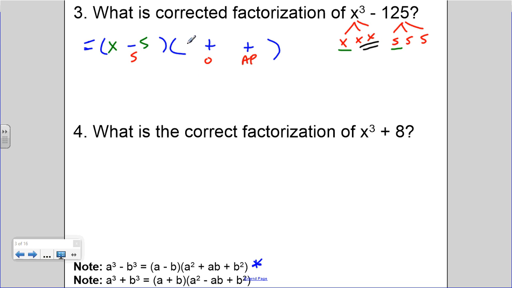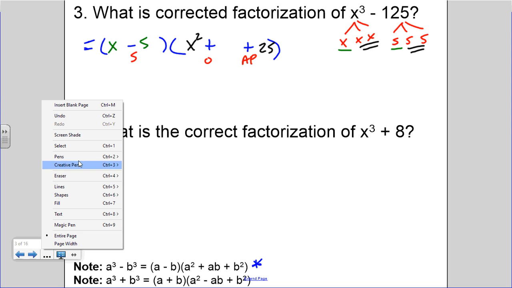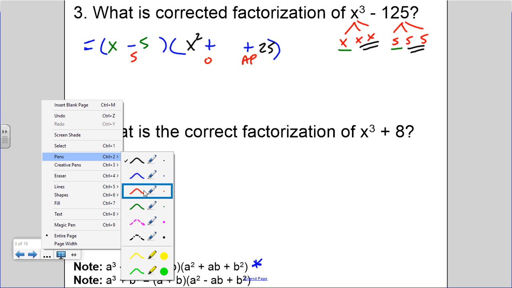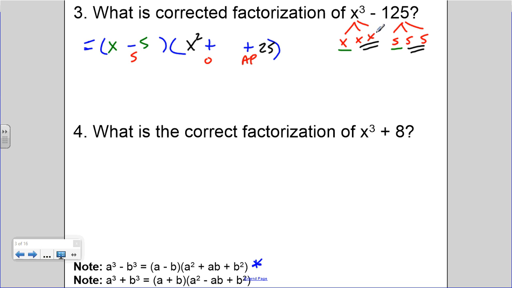So x times x is x squared. The second two branches of the second term, multiply them. That's your ending term, so 25. And then in the middle, you put the joint branches. So x times 5 is 5x. So that's the correct factorization of x cubed minus 125.